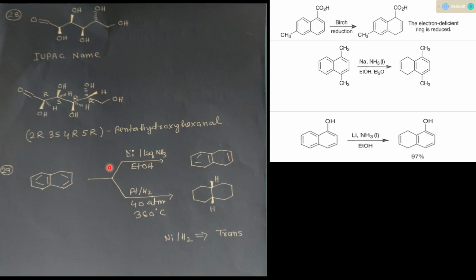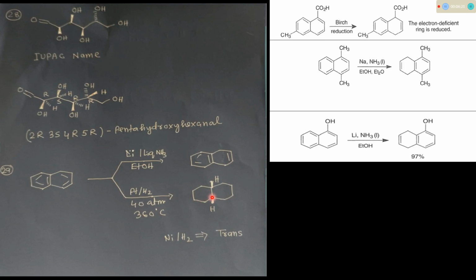When we treat naphthalene with lithium in liquid ammonia, or sodium in liquid ammonia, we can use sodium in place of lithium, then the Birch reduction will happen. So we will get this type of compound. And if we treat it with platinum and hydrogen under pressure and high temperature, then the whole ring will hydrogenate.